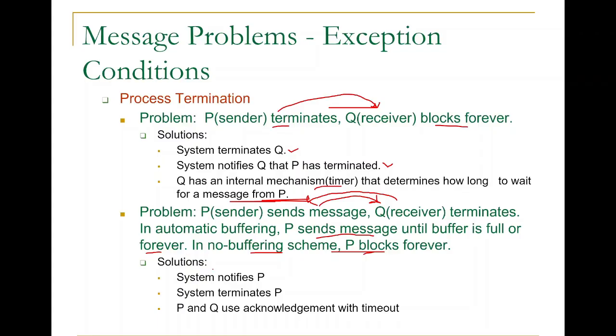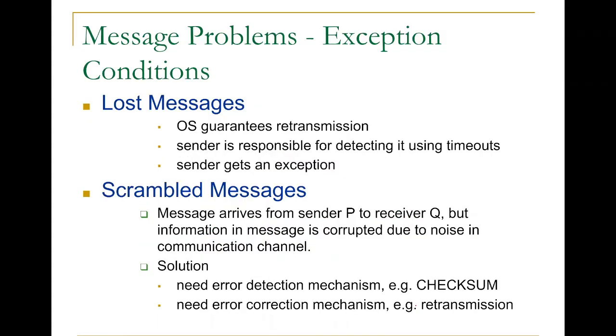In such a situation, the system notifies P that Q has terminated, so P stops sending messages. Or the system terminates P. P and Q use acknowledgement with timeout, where if you don't get an acknowledgement, you stop sending. So those are different ways of handling these exception problems, which you can face within the operating system.